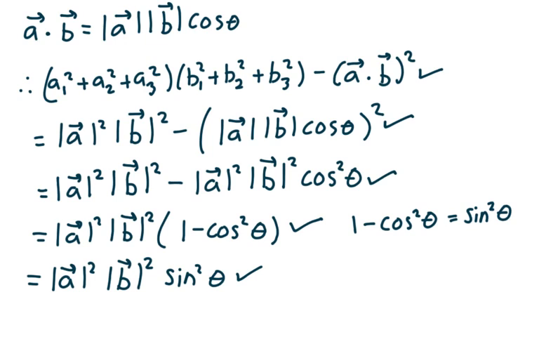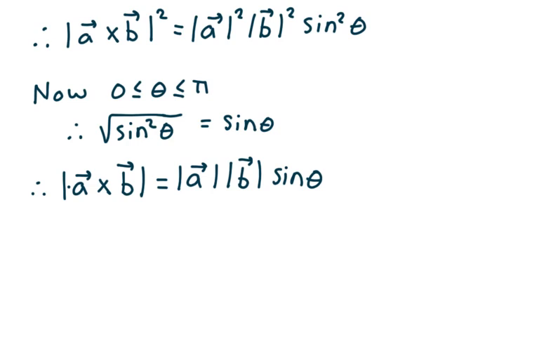We're almost done. So here we have the magnitude of A cross B squared is the magnitude of A squared times the magnitude of B squared times sine squared theta. But remember our restriction on theta. Theta is between 0 and pi, right?